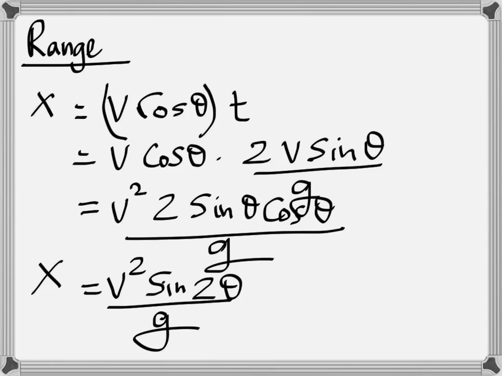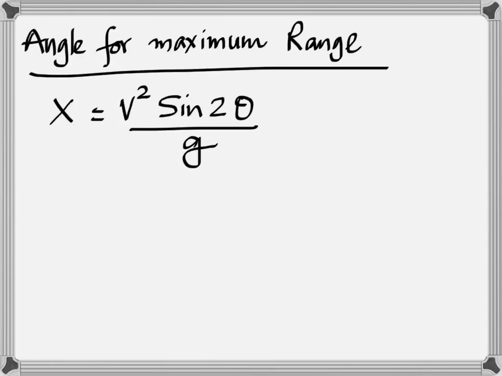So, for instance, if you have the formula for range, and we're trying to say x must be maximum, for a particular velocity. So what are the constants? Velocity is a constant. g is a constant. The only thing you can change is the angle. So if you want x to be maximum, definitely sine 2 theta should be maximum.